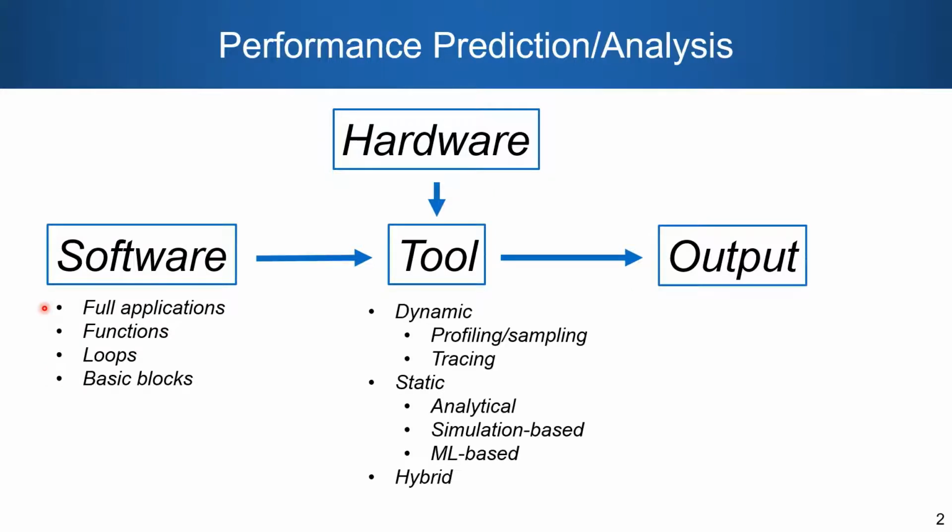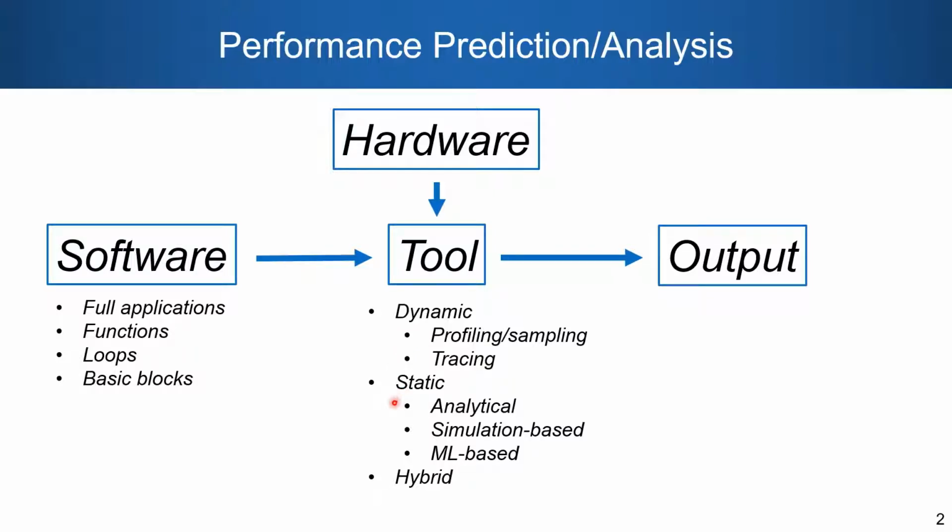The analysis itself can be performed in different ways. So there are, for example, dynamic tools that actually execute the software on the target hardware, and profilers would be an example of such tools. And then there are also tools that analyze the software statically.